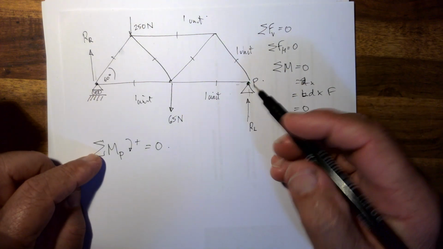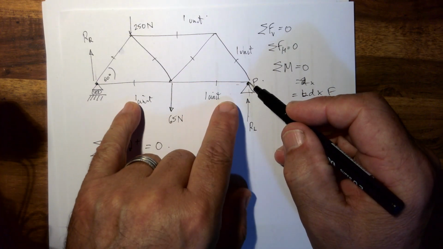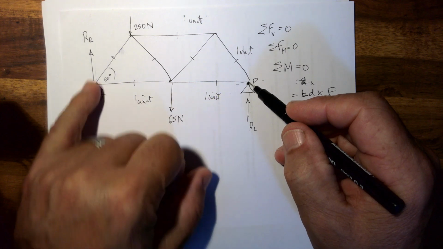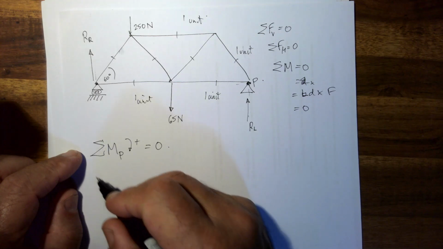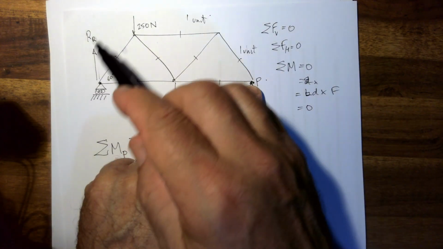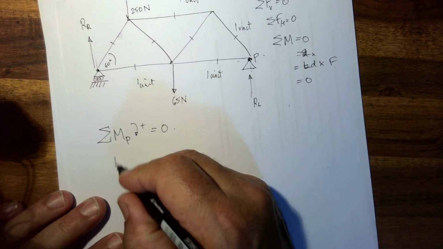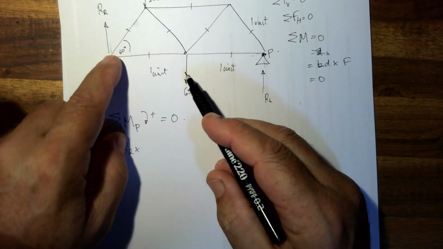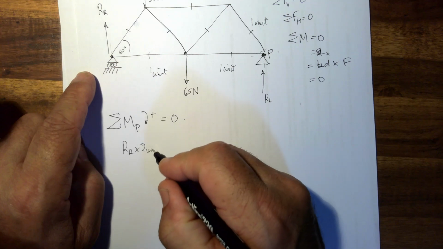So if we sum all the moments, we'll start from here. So making it about this point, the distance is 2 units. So RR, and the perpendicular distance to that point is 2 units, and it's a positive direction because it's going in that way, around about that point. So RR times the perpendicular distance from the point, times 2 units, whatever they are.